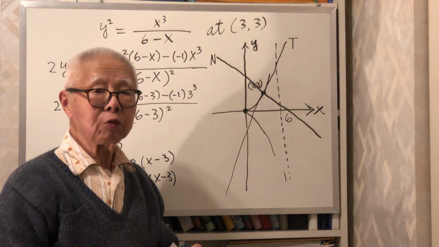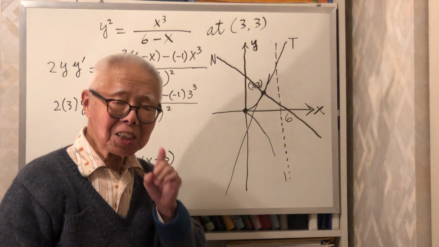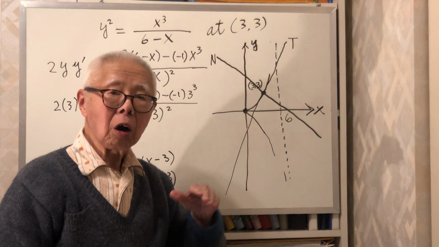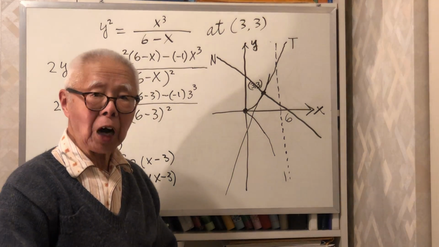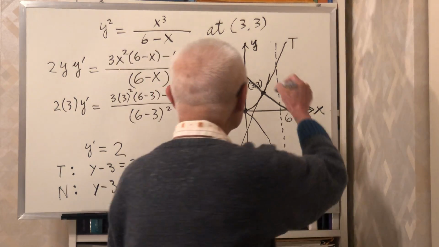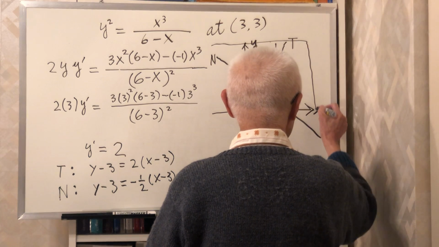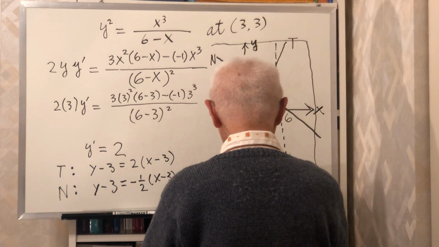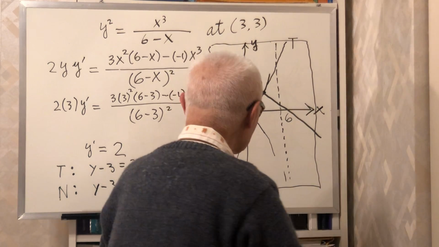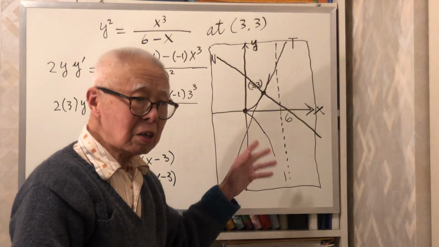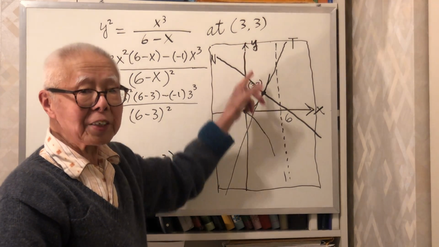I won't say that you cannot do that, but I don't advise you to do that. Because the rule of drawing a good graph is that your graph must extend to the boundary of your paper. So what is the boundary of my paper? The boundary of your paper is determined by the arrows, yeah?